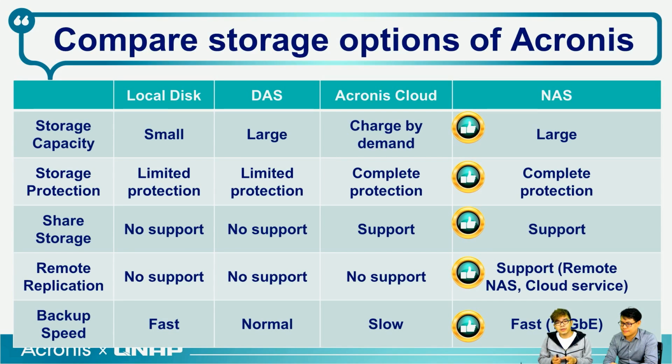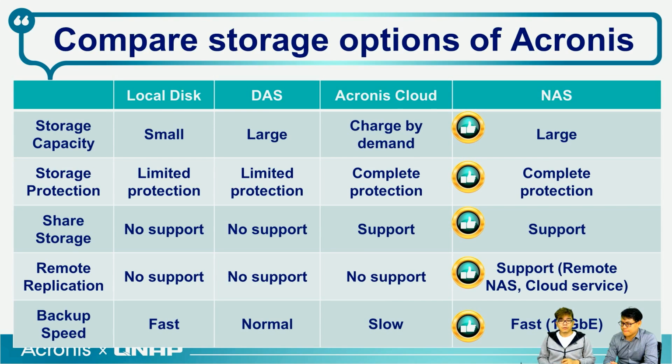The 10 gigabit Ethernet is not only related to the connector port, but also the interface. If you have 10 gigabit transmission speed on your NAS, we also need a 10 gigabit switch or cable, SFP, to upgrade to 10 gigabit Ethernet. While using Acronis Cloud, the speed is based on the internet bandwidth you purchase from your local internet supplier.